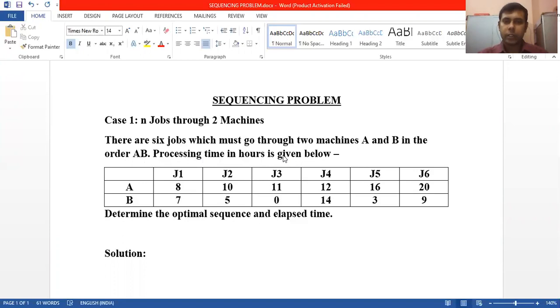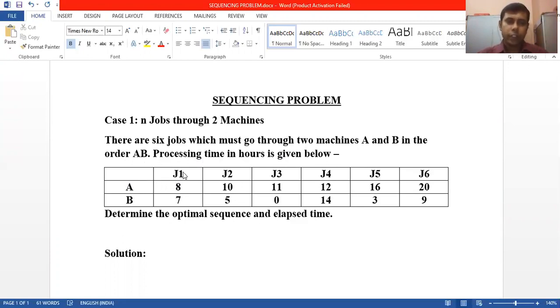Processing time in hours is given below. See, the below table mentions there are 6 jobs, J1, J2, J3, J4, J5, and J6. And there are 2 machines available, machine A and machine B. Now, each job takes a specific amount of time on each machine.